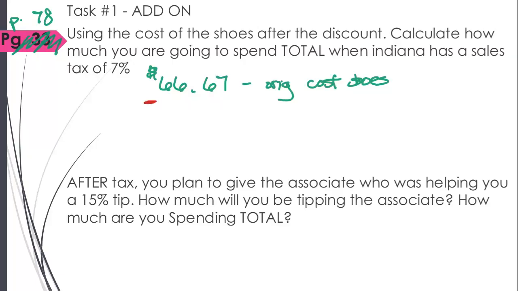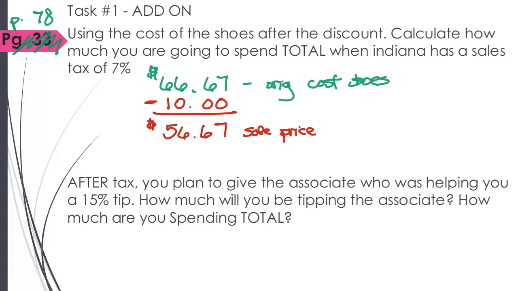Yes, remember the discount, the easy one to figure out was the $10 discount, which is $56.67. So this is the sale price. Okay. How do I calculate 7% sales tax?